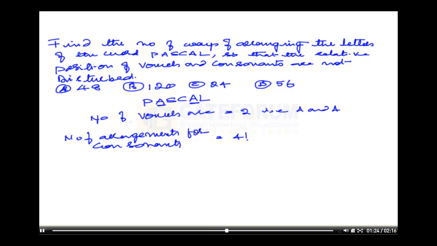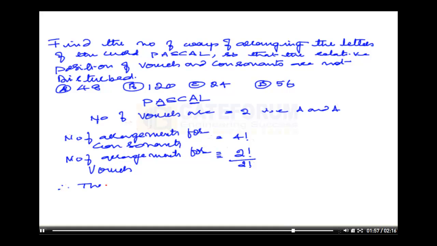Therefore we can write here, means A can be interchanged with A, so therefore I can write number of arrangements for vowels equivalent to 2 factorial by 2 factorial, because A is repeated, hence we divide by 2 factorial.